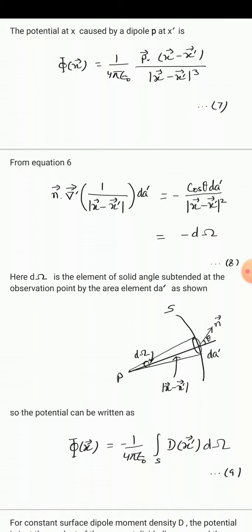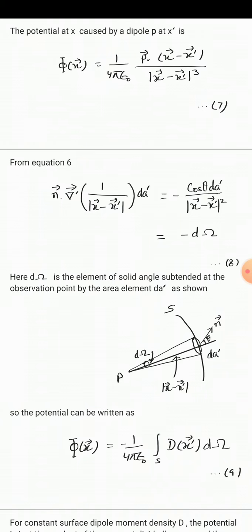And from equation 6 we can write the unit normal n dot del dash of 1 over modulus of x minus x dash, dA dash, as equal to minus cos theta dA dash over modulus of x minus x dash squared, and this is equal to minus d omega. Here d omega is the element of solid angle subtended at the observation point by the area element dA dash, as shown below.